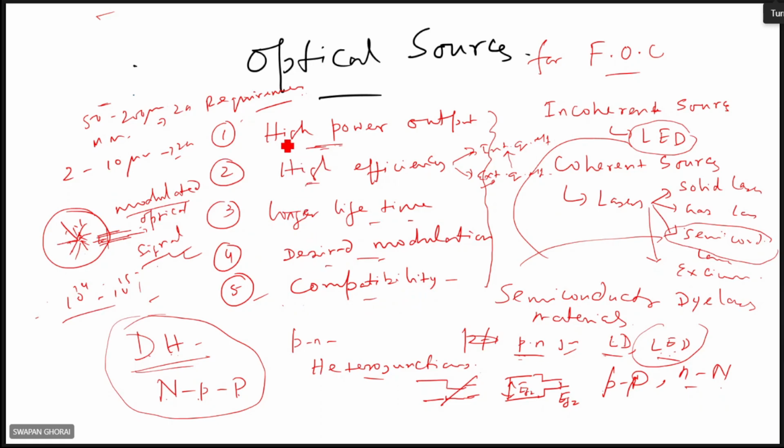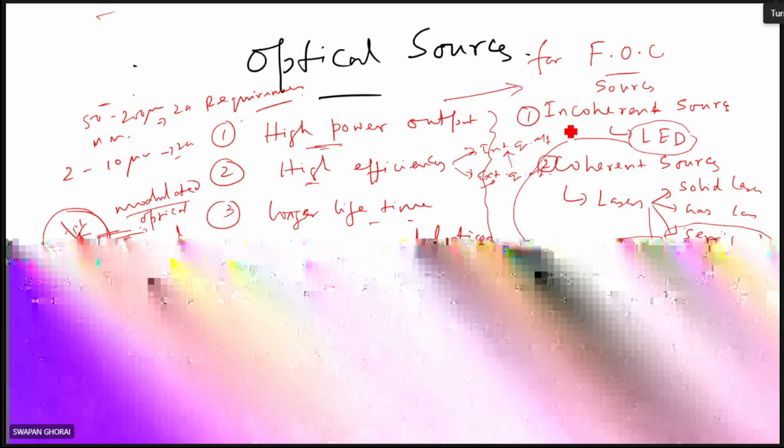So these are the important requirements for sources that can be used for fiber optic communication systems, right? And if you see these sources, you can classify them into two types: either incoherent sources or coherent sources.